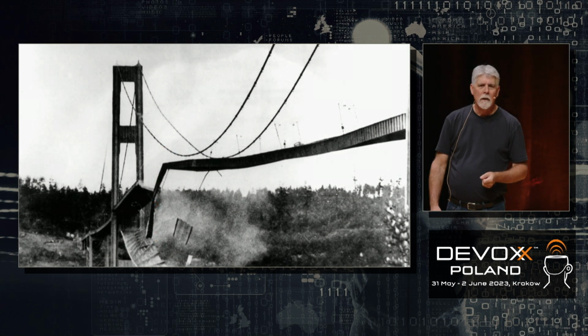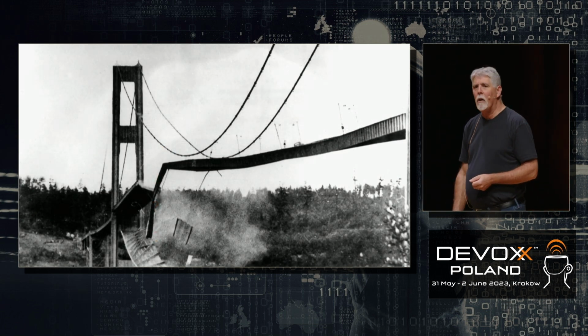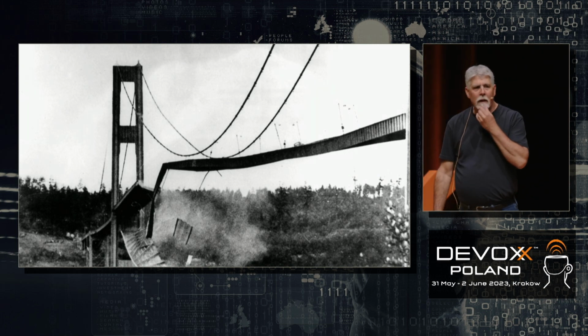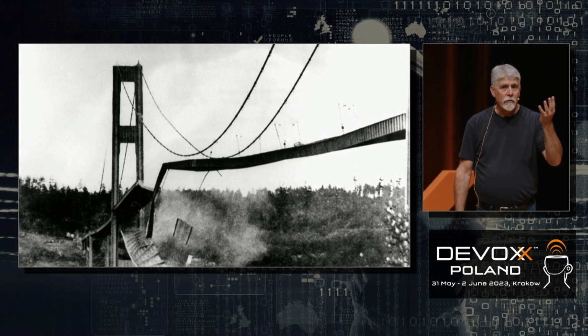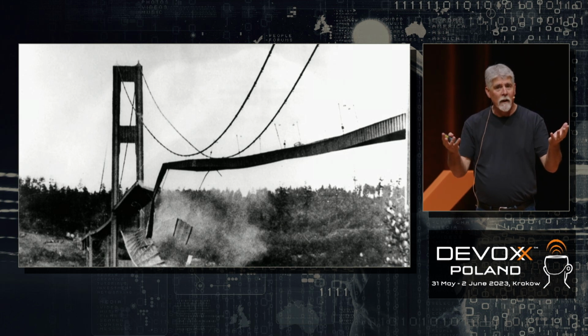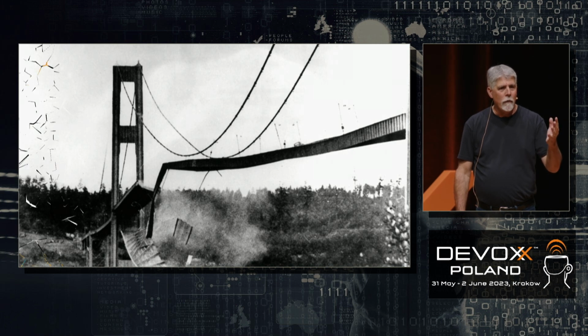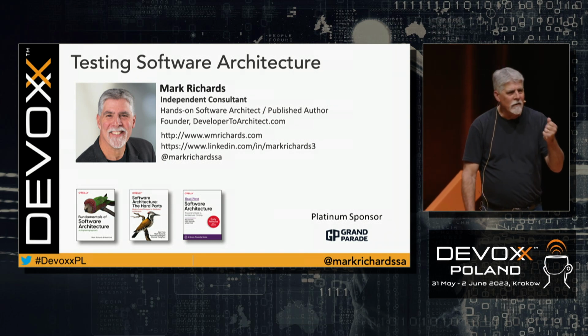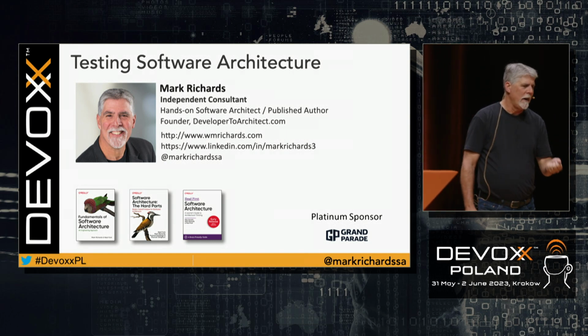This happens all too often. By testing our architecture, both the structural integrity and the operational characteristics, you can actually avoid having this happen to you. Please test your architecture.